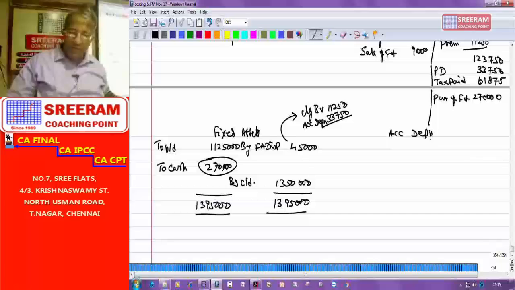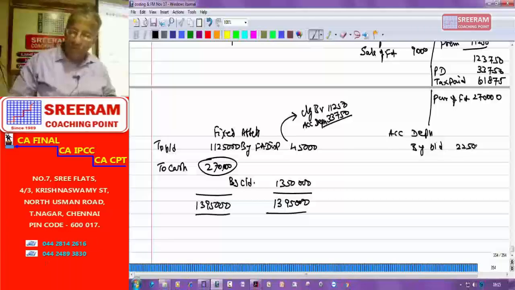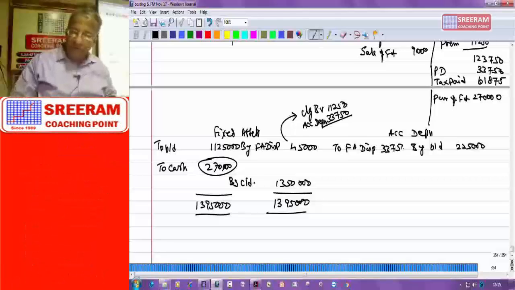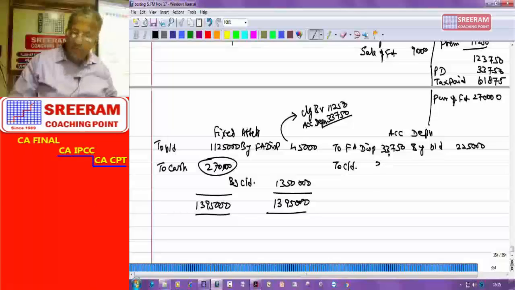Then let me prepare the accumulated depreciation account. By balance brought down 2,25,000, to fixed asset disposal account, the accumulated depreciation related to the item sold 33,750. Then to balance carried down, the closing balance 281,250.